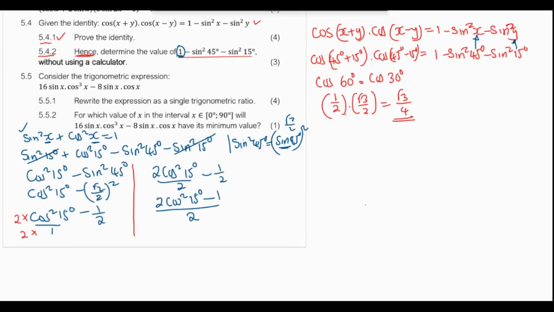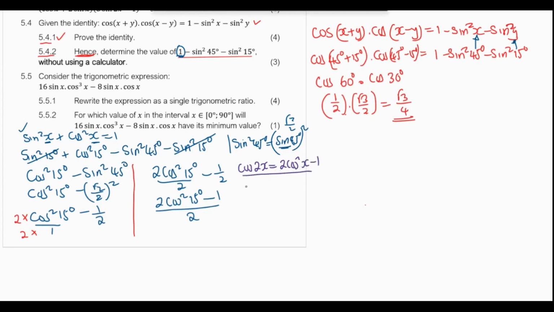If you check the numerator here, what do you recognize? You should be able to recognize the double angle formula. Remember that cos 2x, one of the formulas, is 2 cos squared x minus 1. Do you remember that? That's a double angle formula.